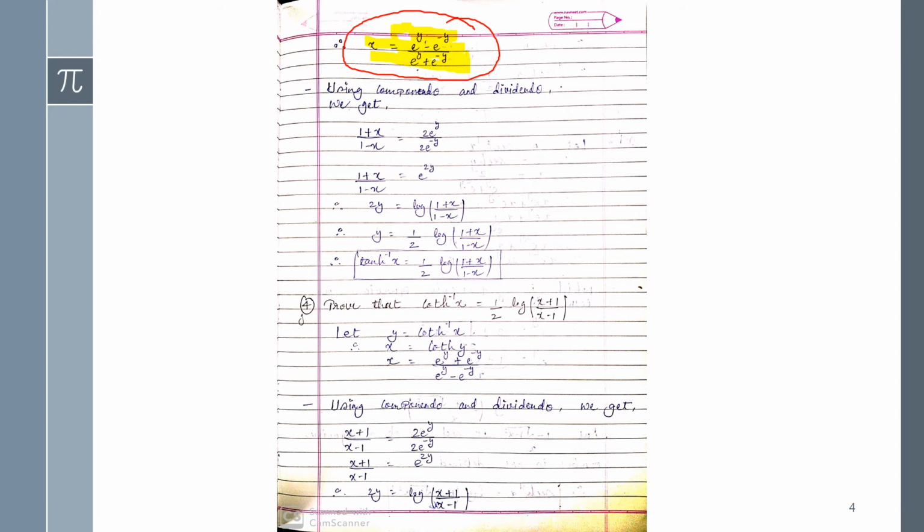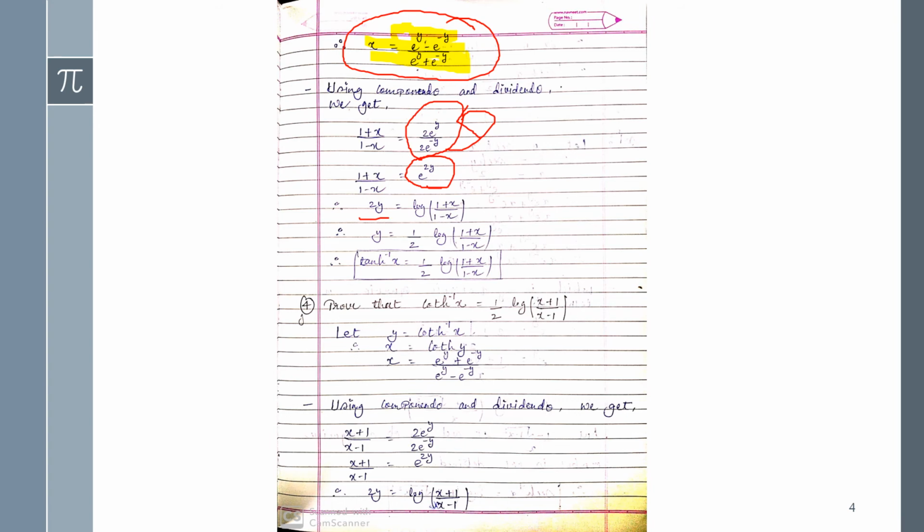Okay, so by applying componendo and dividendo, you can find this function, and converting it into the numerator, you will get e raised to 2y. And then after removing this exponential function, you can get 2y equals to log of 1 plus x upon 1 minus x.